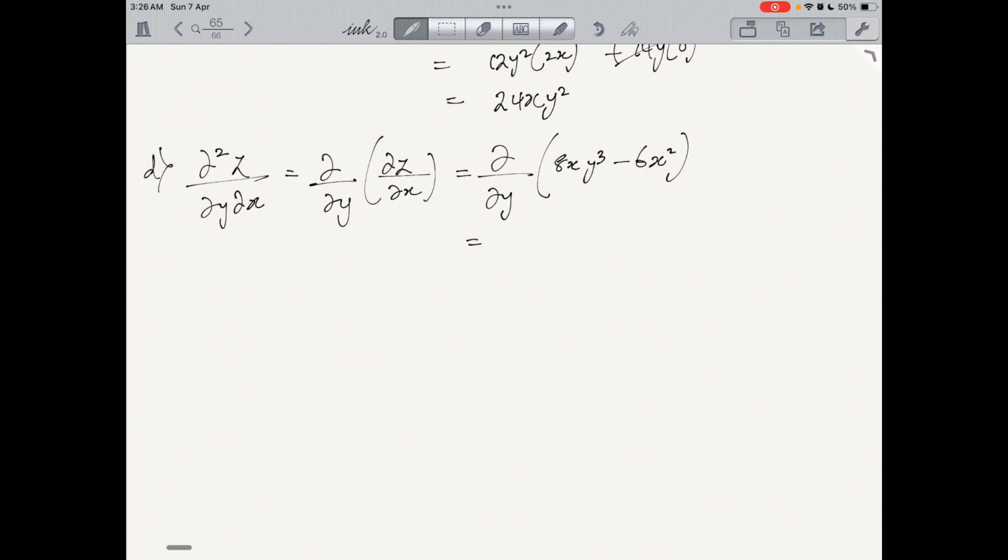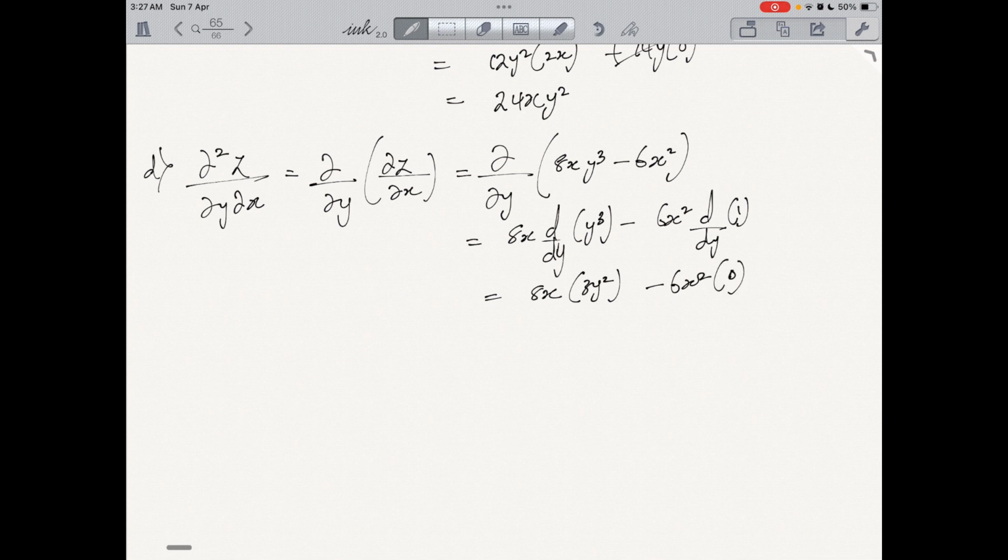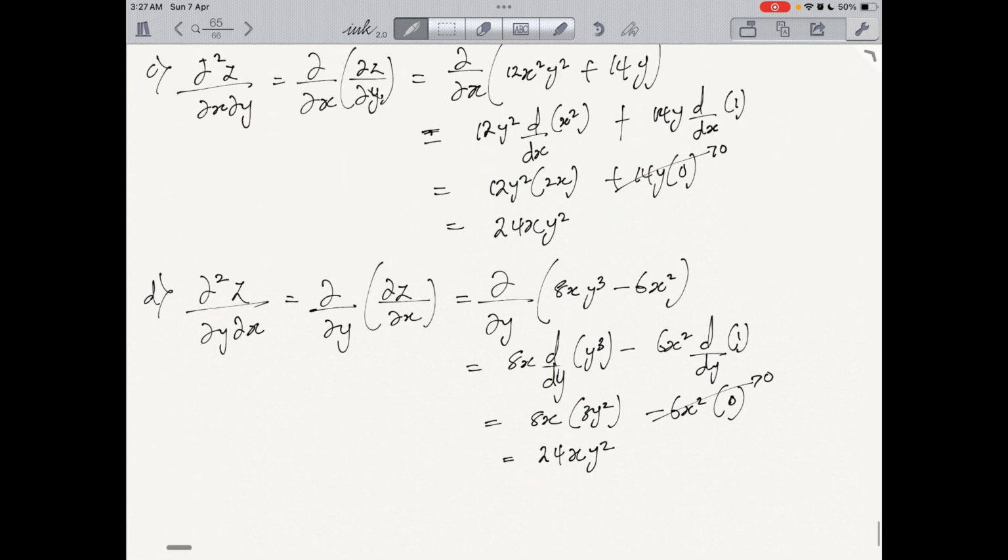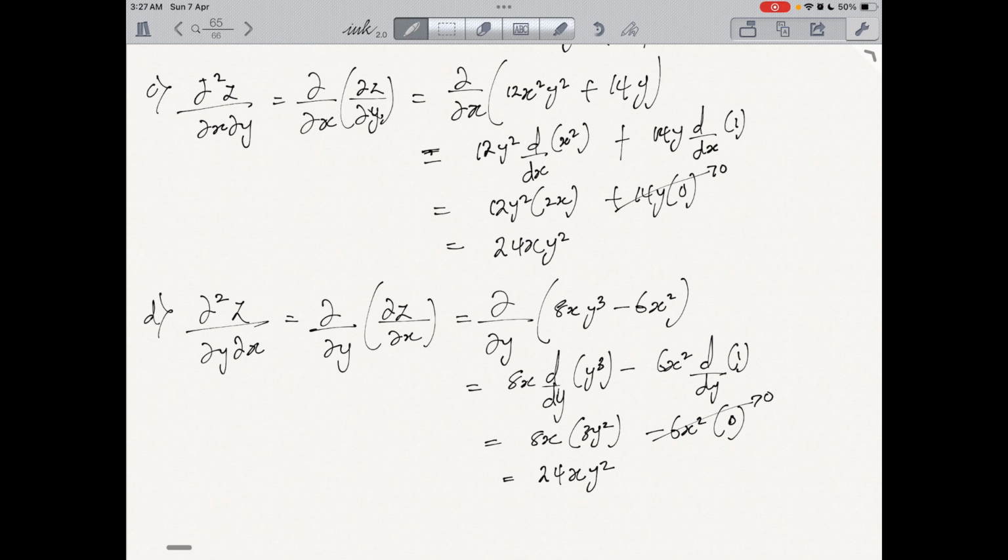And since we are differentiating partially with respect to y, our x is kept constant. d/dy of y cubed, minus 6x squared and d/dy of 1. So we have 8 multiplying 3y squared minus 6x squared multiplying 0. And with this, we will be left with 24xy squared.